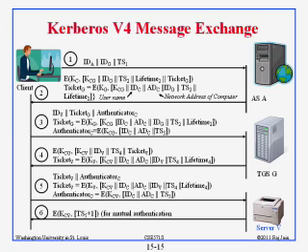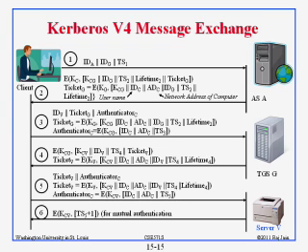So let's look at the message. So the first message goes in the clear, everything else is encrypted. E means encrypted, right? So this one goes in the clear and it goes to the AS. So it says, here is my ID, and here is the ID of the ticket granting server that I want to contact.